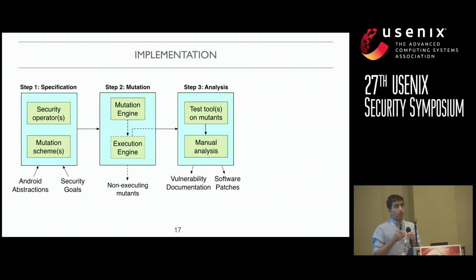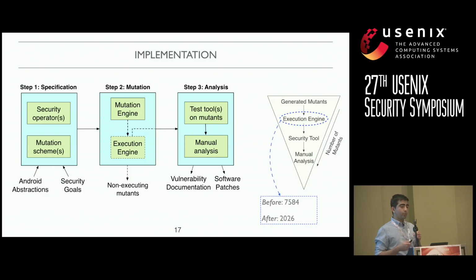This not only reduced the number of mutants that we would later analyze, this also guaranteed that all the mutants that we analyzed would actually be true positives, that they actually would execute. Here are some numbers from our implementation. Using this execution engine, we were able to reduce the number of mutants from 7,584 to 2,026.